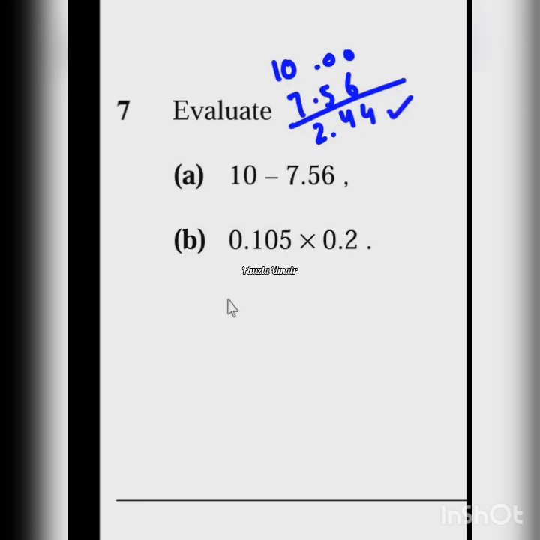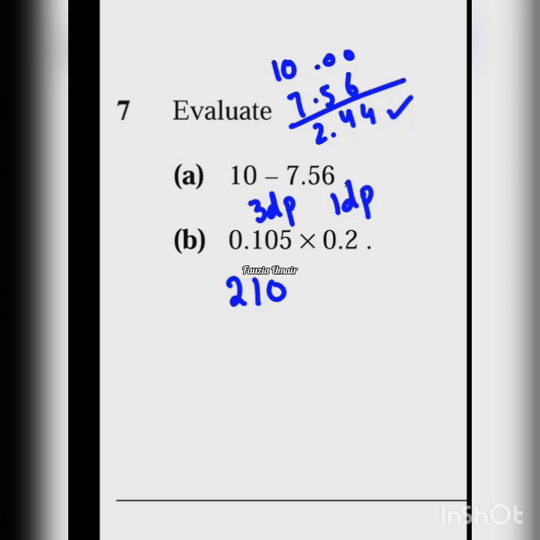Right? What about this one? Remember, we have done this type of question before. It's a 3 decimal place number multiplied with a 1 decimal place number. So multiply the numbers. What is double of 105? 210. And now this is 3 decimal places and this is 1 decimal place.